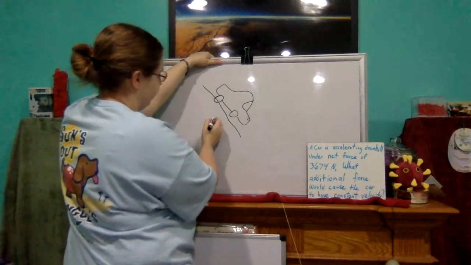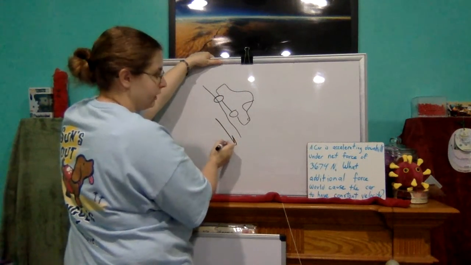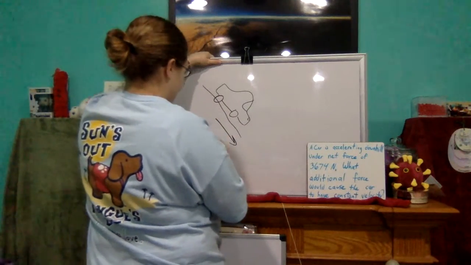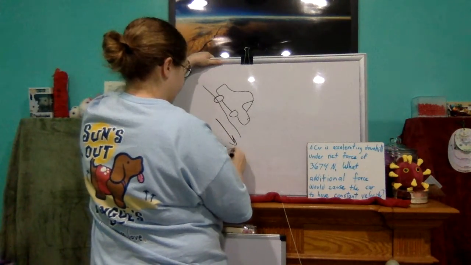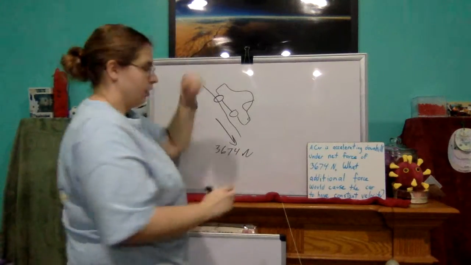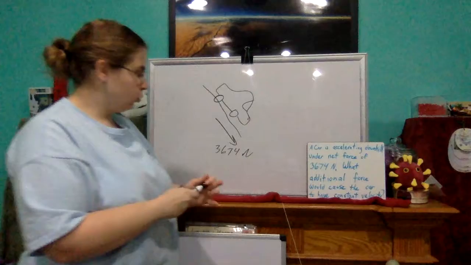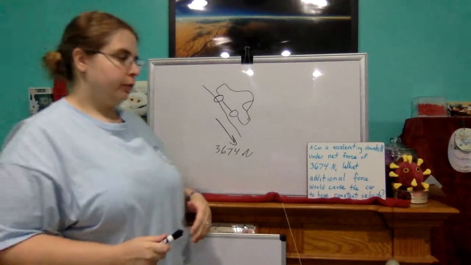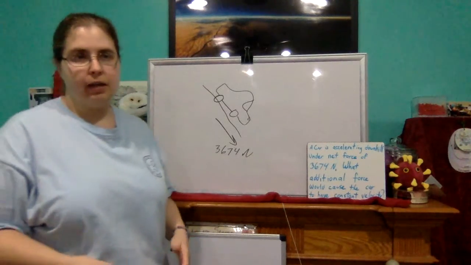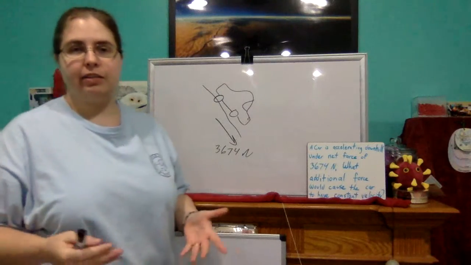And it has a force going down the hill that is 3,674 newtons. What do we need to balance that out? What do we need to no longer be accelerating, but to be going at a constant velocity?